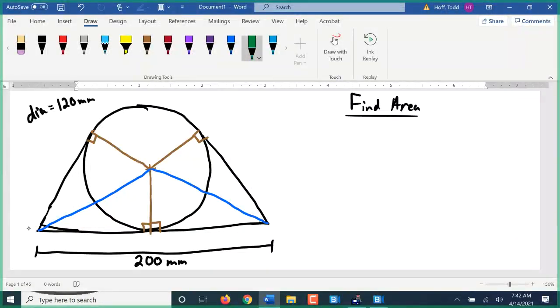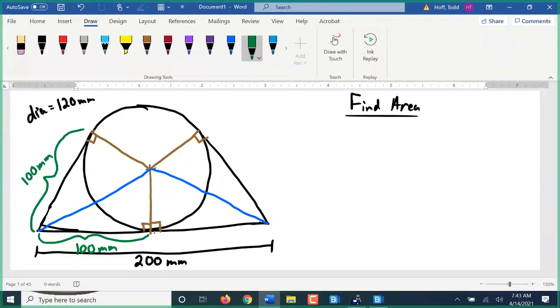We know that this side of this triangle is how long? 100 millimeters. Half of the 200. If that's 100 millimeters, how long does this have? We know that two tangents that intersect have the same length, from the tangency to the point of intersection.